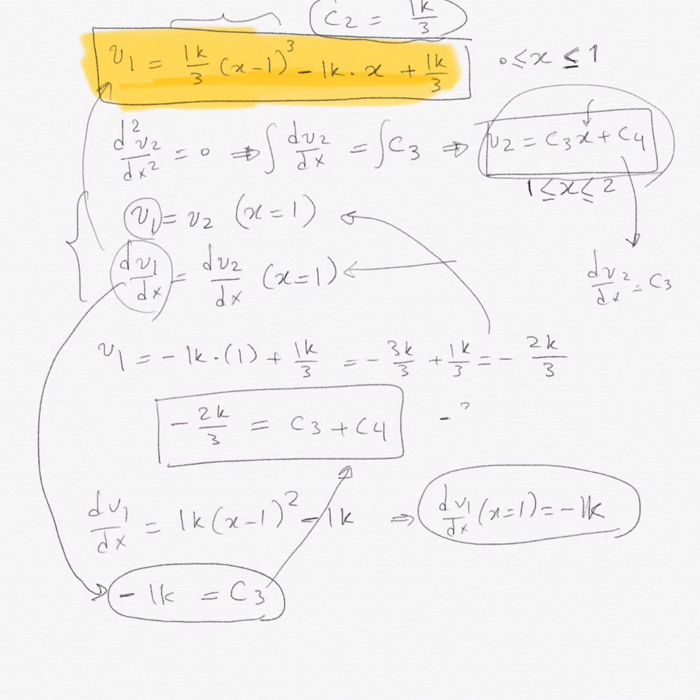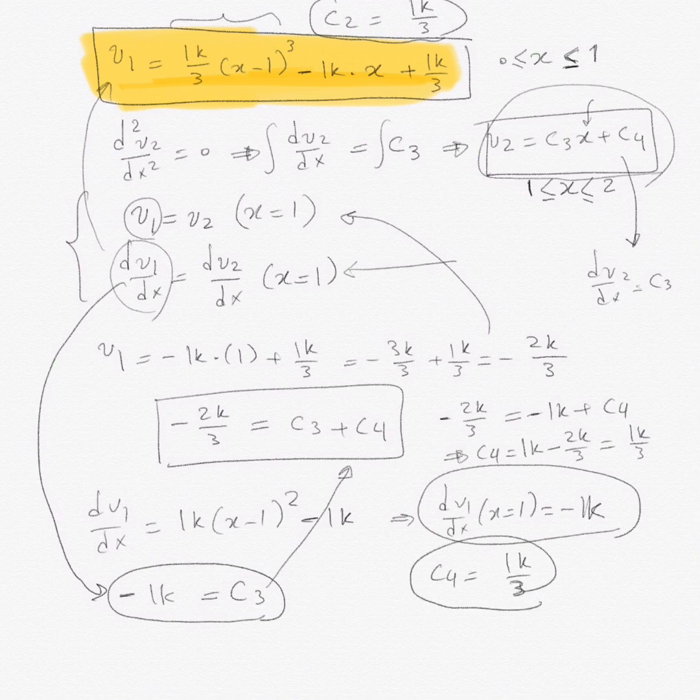So you have negative 2k over 3 is equal to C3, which is negative 1k, plus C4, right? Then solve for C4: you get C4 is equal to 1k minus 2k over 3, which is 3k over 3 minus 2k over 3, so C4 is equal to 1k over 3.